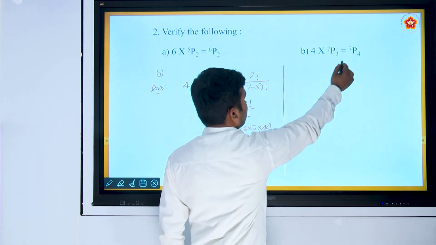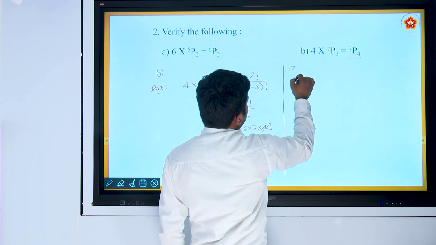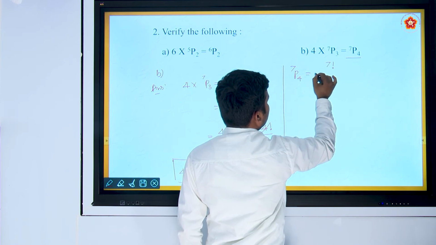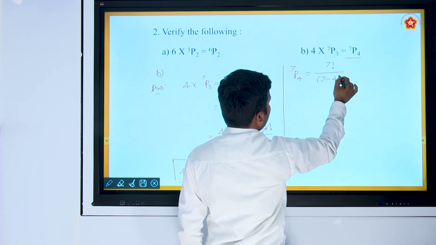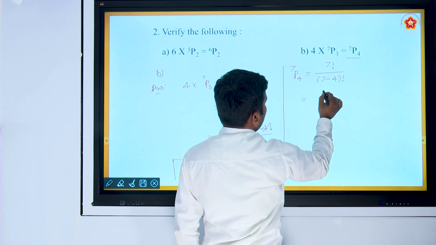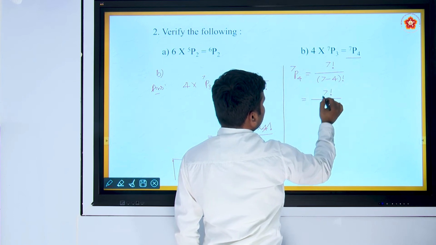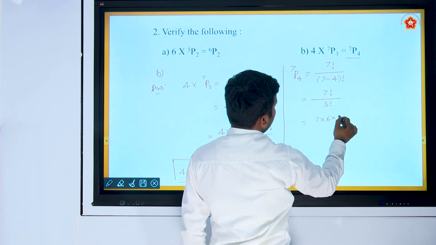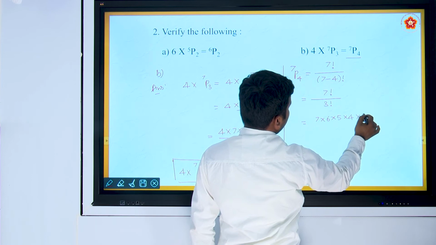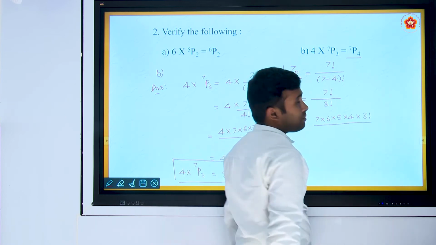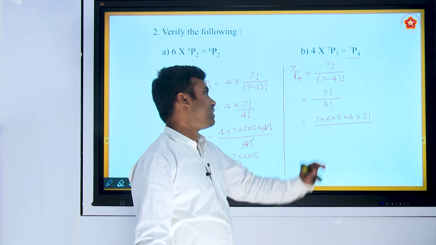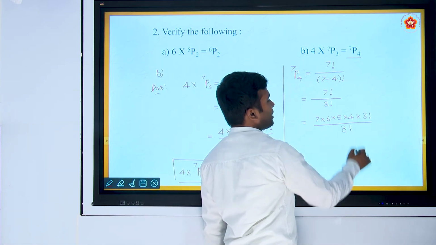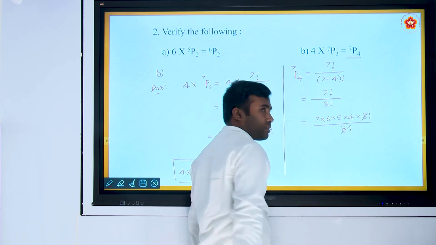Similarly, on the RHS side, 7P4 is equal to 7 factorial divided by (7 minus 4) factorial, which is 7 factorial divided by 3 factorial. This is equal to 7 into 6 into 5 into 4 into 3 factorial, because in the denominator we have 3 factorial, so I can expand the 7 factorial up to 3 factorial and cancel it.